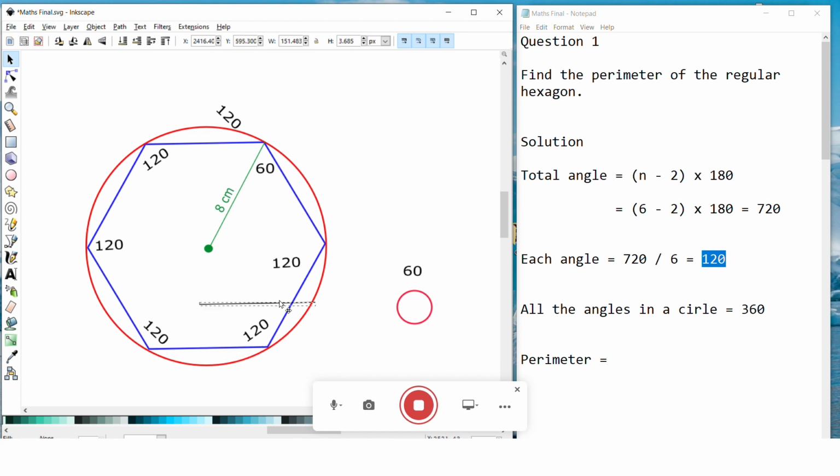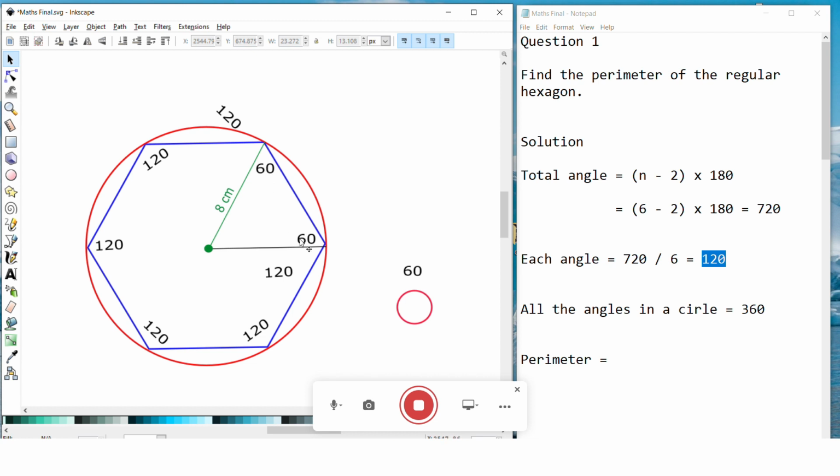So let's pretend we have another line here. If here is 60, remember, this line here will also cut this 120 in half, making this angle also 60. And all the angles in a triangle must add up to 180.